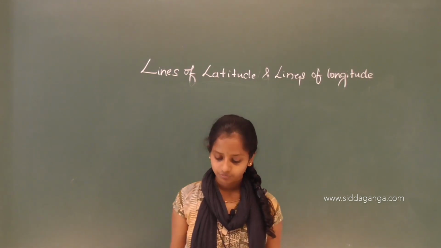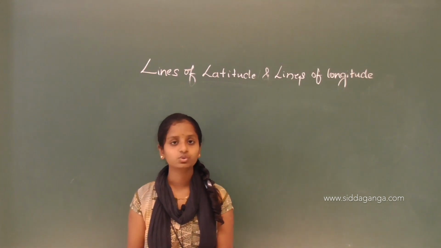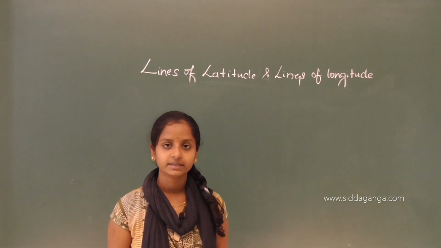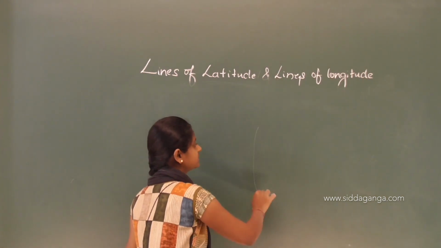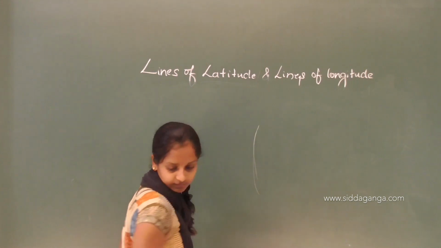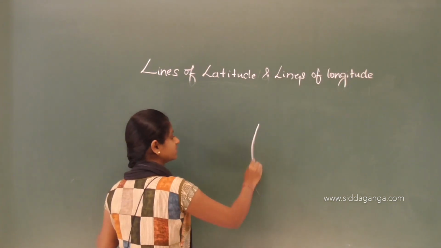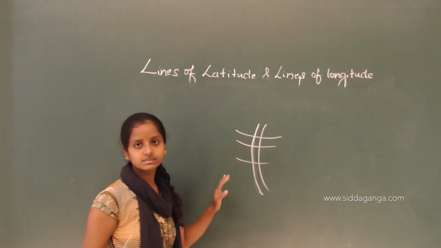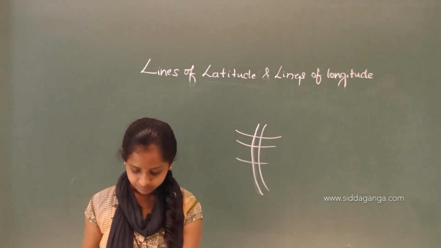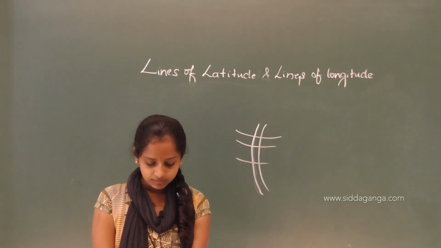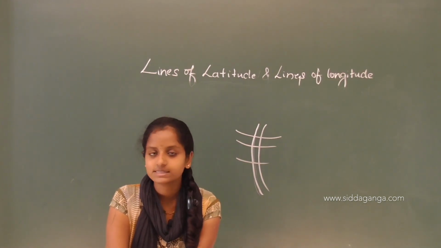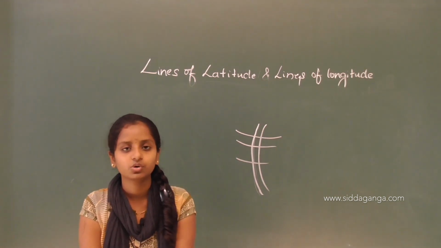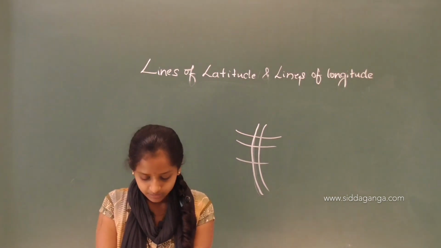The network of lines of latitudes and longitudes on a globe is called a grid, also known as a graticule.